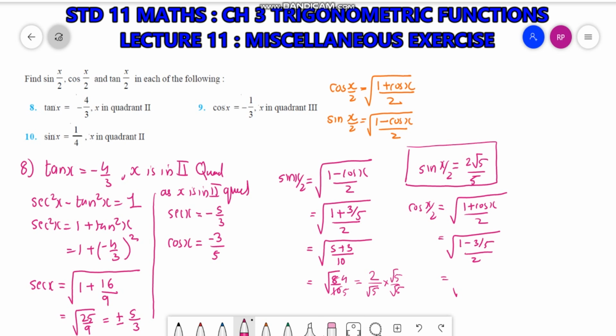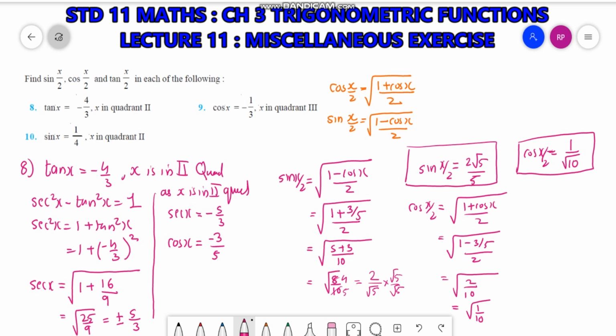So here I will get the square root of 5 minus 3, that is 2, upon 5 into 2, that is 10. So I will get root 2 upon 10. So cos x by 2 is equal to 1 by root 10. This is the value of cos x by 2.